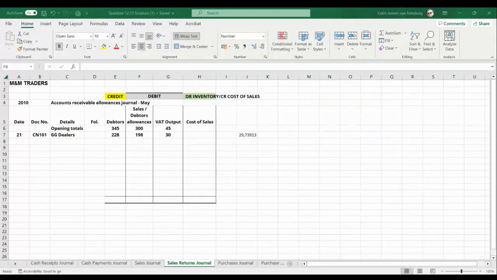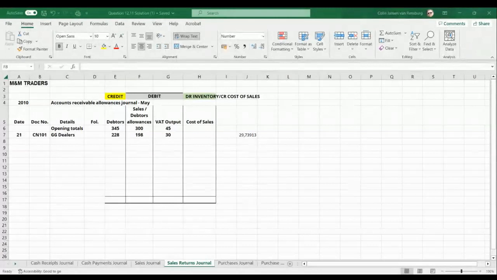So, ladies and gentlemen, it is not a credit sale. Remember, our sales journal is for our credit sales only because there we are debiting our customer with what they owe us. In this case, we do not have one customer that owes us. It might be 1,000 customers that we had during the course of the day, but they all swiped their bank card or they all paid in cash, right?